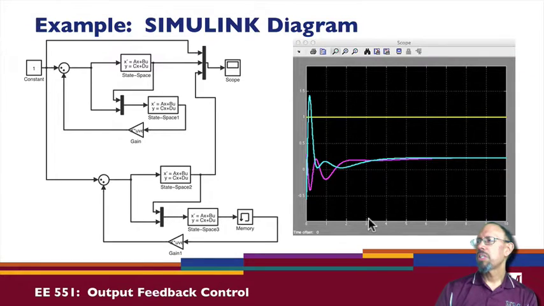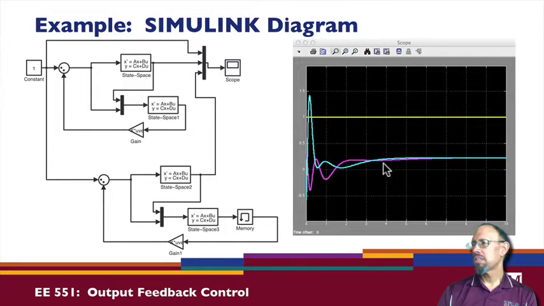Okay, and when we simulate it, this is what we get. So what's going on here? This one is the input, and then these two signals, the output of these two systems, each with their own controller, follow this.